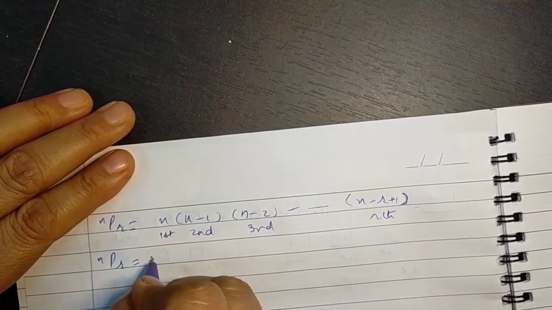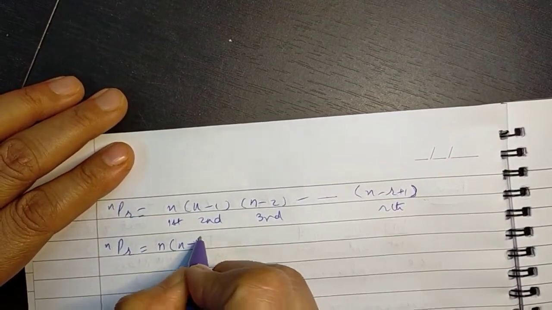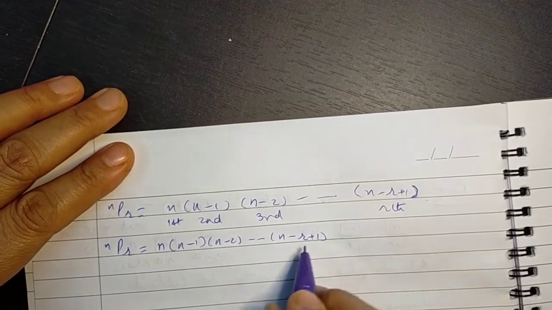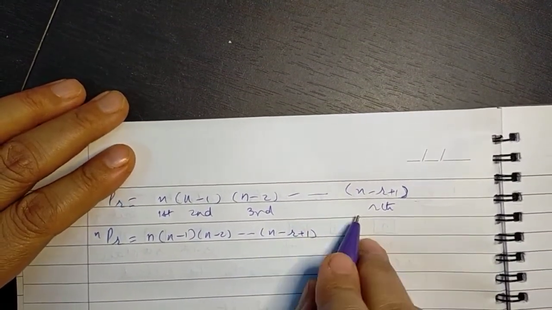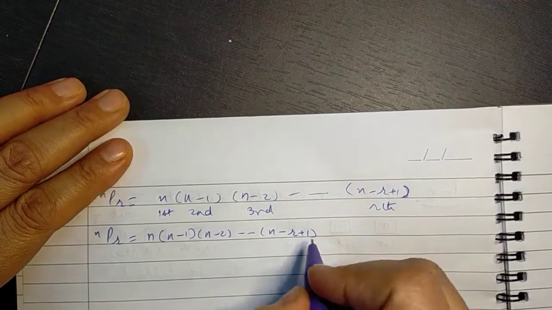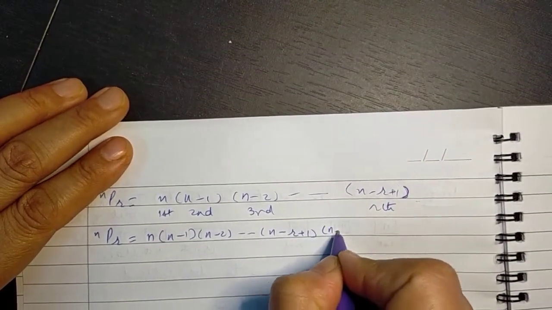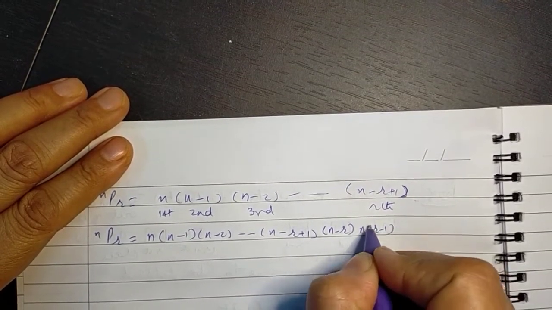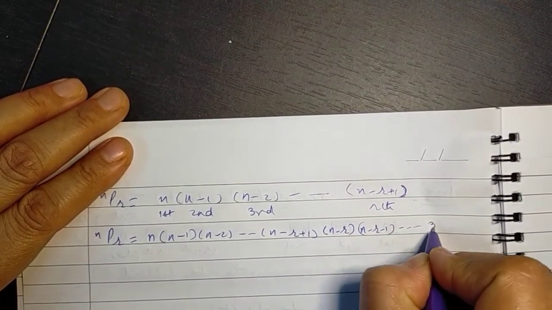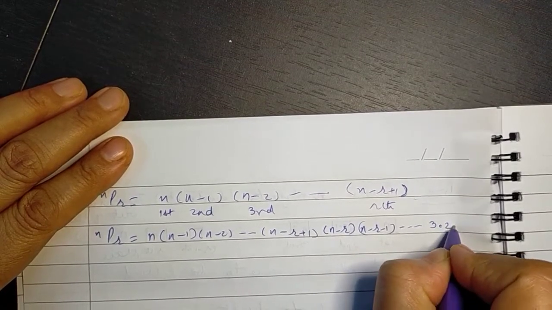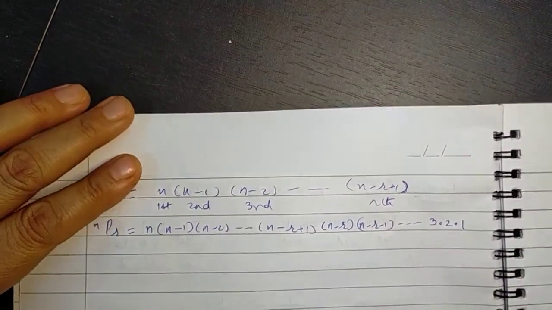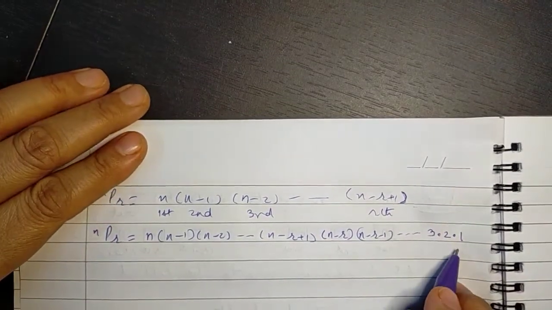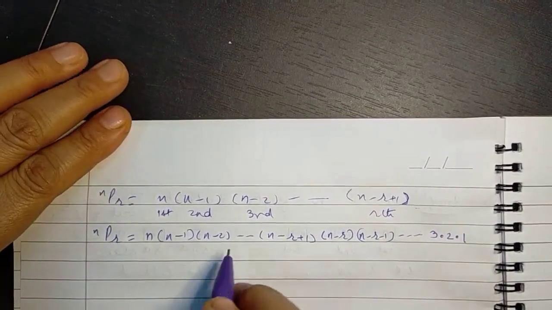Suppose we had continued in this manner: if you keep reducing by one at every step, the next number will be n minus r, then n minus r minus 1, and going on we will get 3, then 2, and ultimately the smallest natural number, 1.